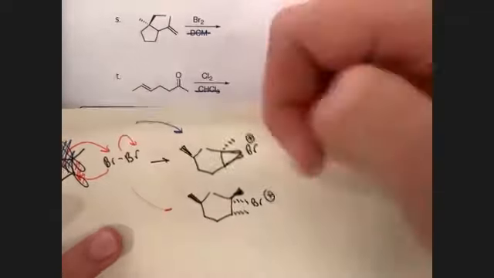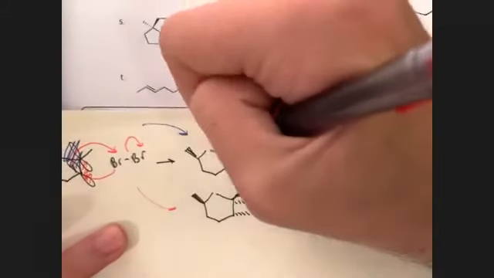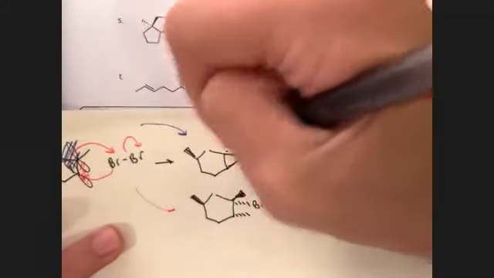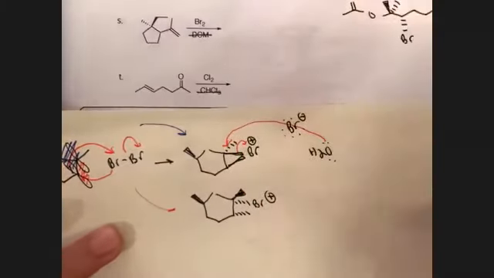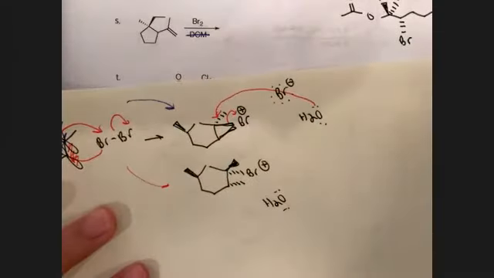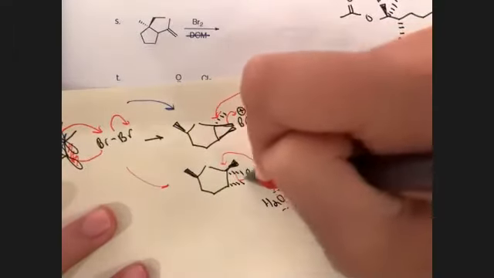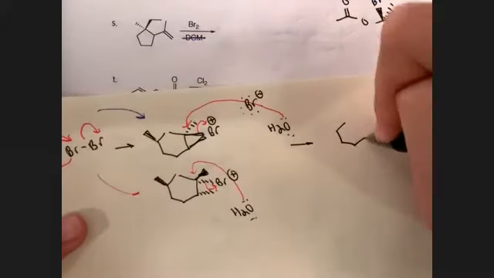So we can imagine that water molecule is going to attack the more substituted position of that bromine bridge, and then this bond breaks. Same thing going on over here. I'm just going to draw another water molecule, and that's going to attack this side and that side. The resulting structure, and I'm going to skip the deprotonation step.